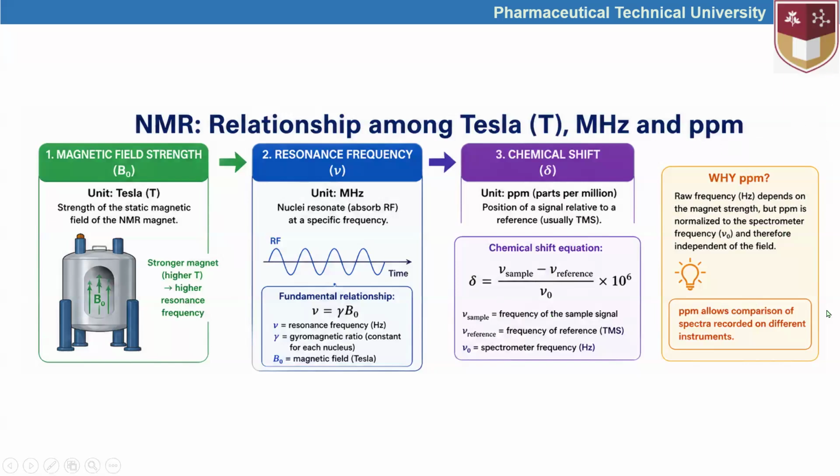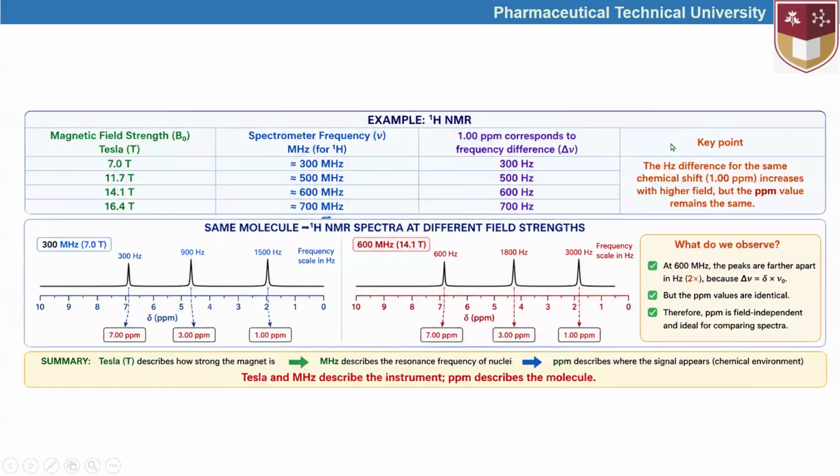Parts per million is used to simplify the calculations, let's say. By using parts per million units, we can better and more easily understand the differences in the radio frequency of the reference compound and the studied compounds.